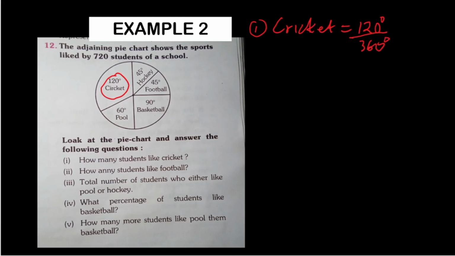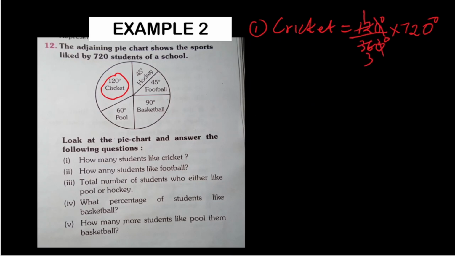degrees. Then, how many students are in the school? Multiply by 720 students. So that will give us a number. So we have converted this into a fraction. The fraction of students that like cricket is 120 over 360, which is 1 over 3, because 0 cancels 0, 12 here 1, 12 here 3.